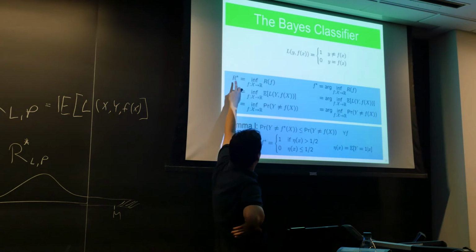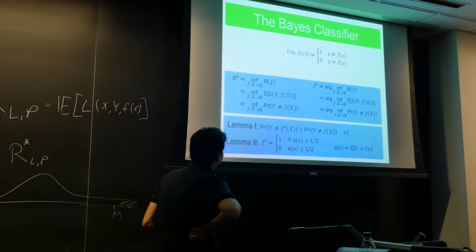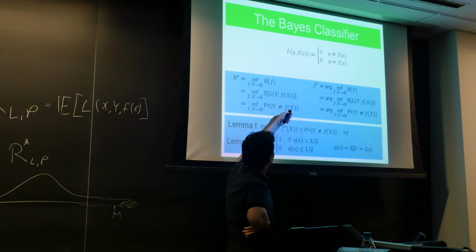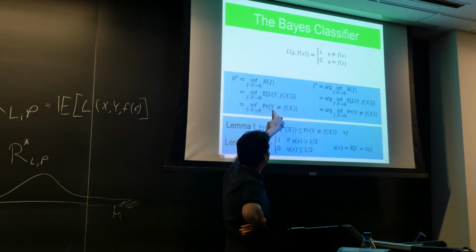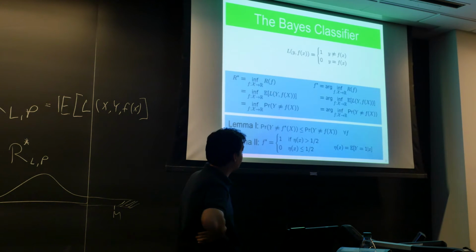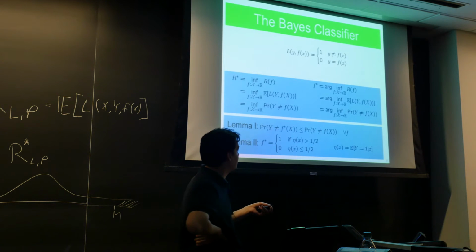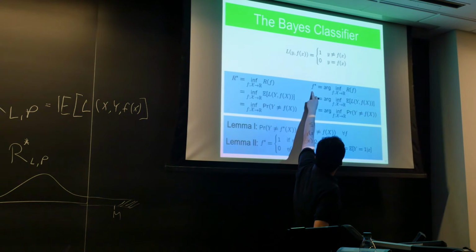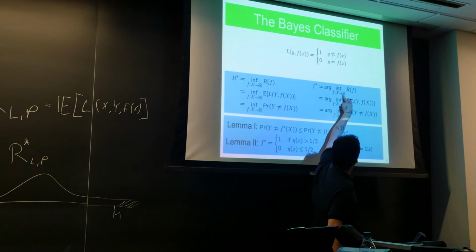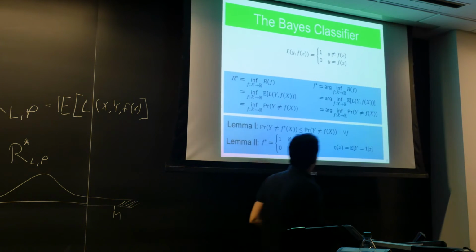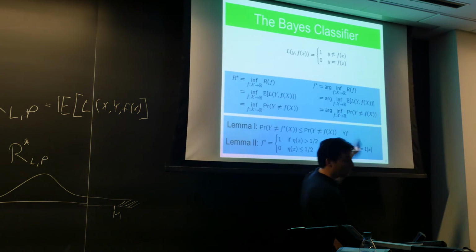Again, the Bayes risk is the minimum of the true risk over all possible functions. Because our loss is the 0-1 loss, the risk is the expected loss, which is just the probability that y is not f of x. f star is the function that achieves the Bayes risk: the arg min, or inf, of the risk, the probability that y is not f of x, over all possible functions.